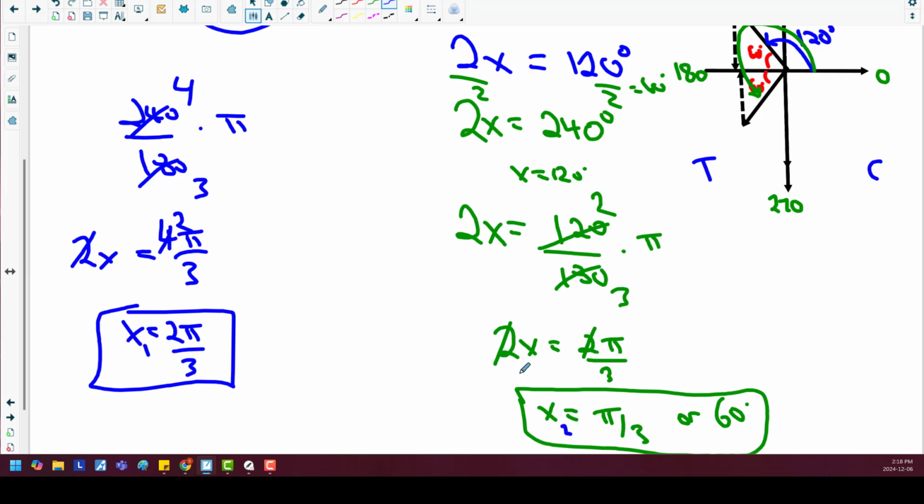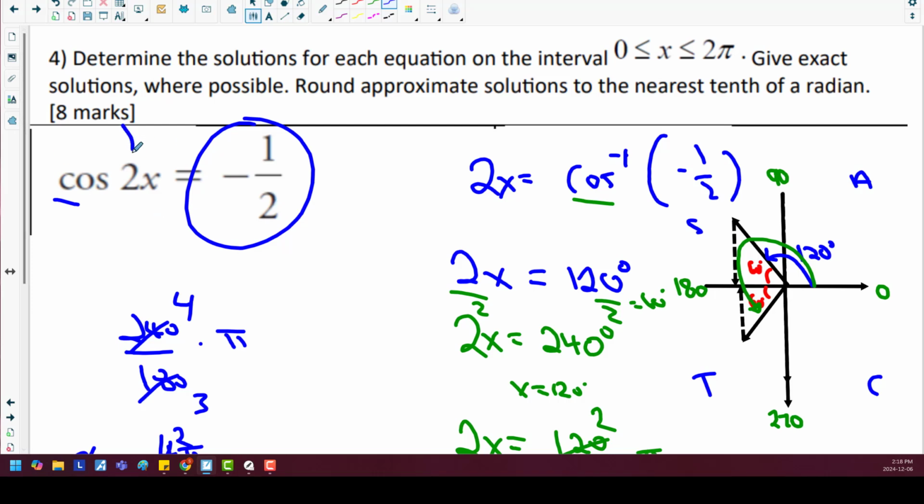Now, this question is a little bit more tricky, because we've changed our period. What do I mean by that? Well, what's my k value in this example? K value is always the number that's being multiplied with x. My k value is 2. So what's my period going to be? Well, my period is equal to 2 pi over k.